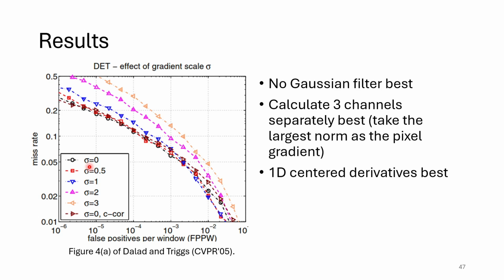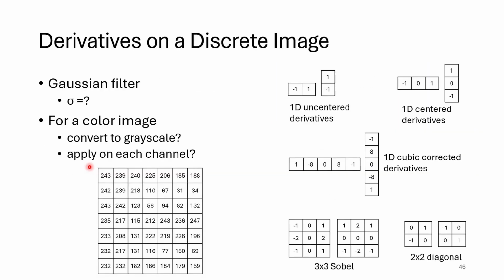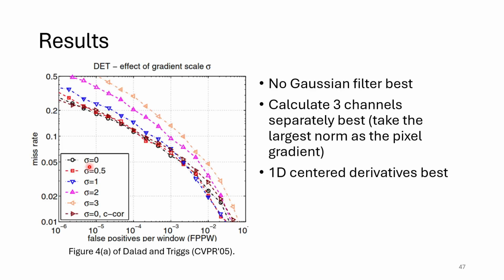Okay, and also because they are dealing with color images, how should they extract the gradient features from the color images? They should convert the color image, because there are 3 channels, into grayscale and then extract the feature, or they should extract the gradient features from individual channels and then pick the largest one among the 3.